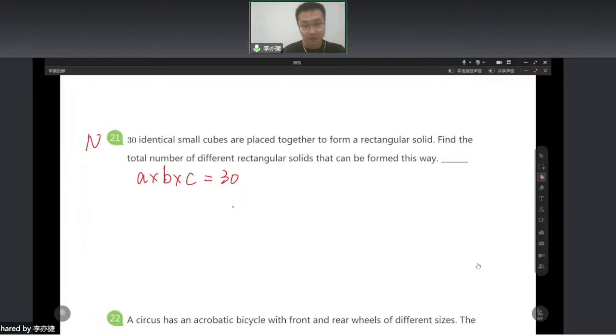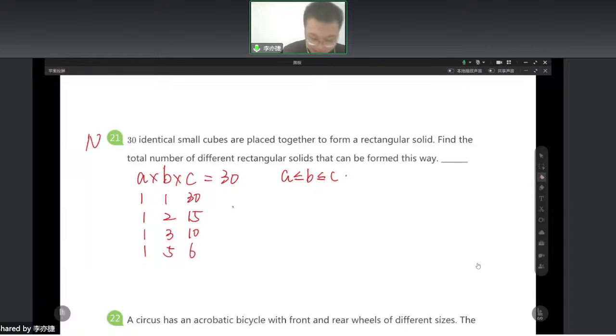We start from the smallest A, B, and C, and treat A smaller than B, smaller than C. So then it's 1, 1, 30; 1, 2, 15; 1, 3, 10; 1, 5, 6. Stop here. And then start with A equal to 2: it's 2, 3, 5. So it's 1, 2, 3, 4, 5. Actually, we have 5 options. Only 5? Only 5?